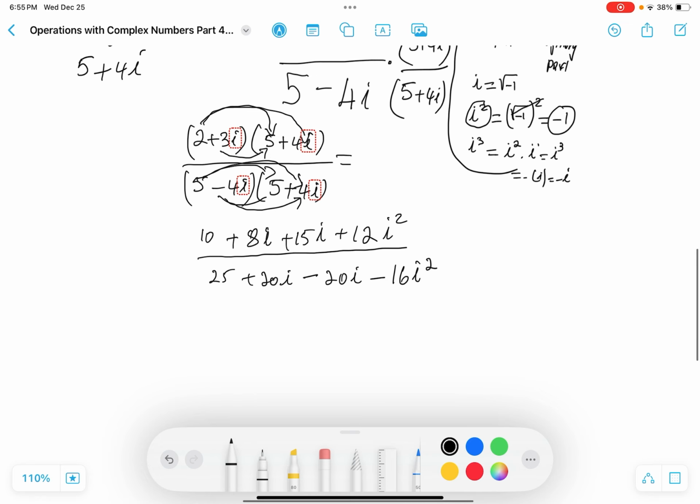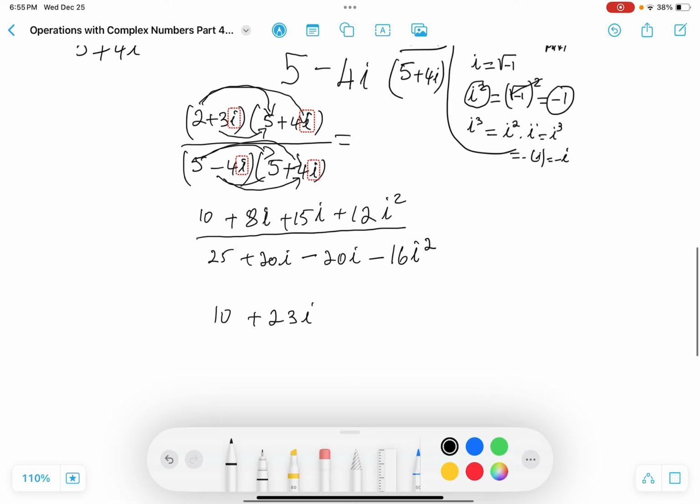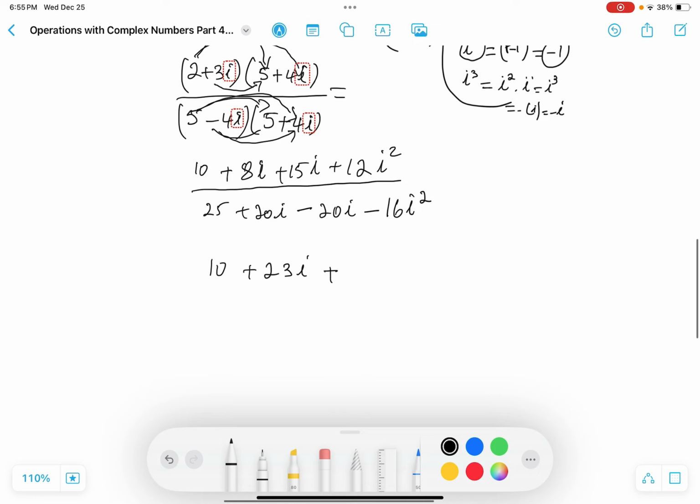Okay, let's see now how to simplify the numerator. 10 is the only thing that we don't have to combine with anything else for the moment. 8i plus 15i, 8 plus 15 will be 23i, plus 12 times i squared. We said that i squared is equal to -1.